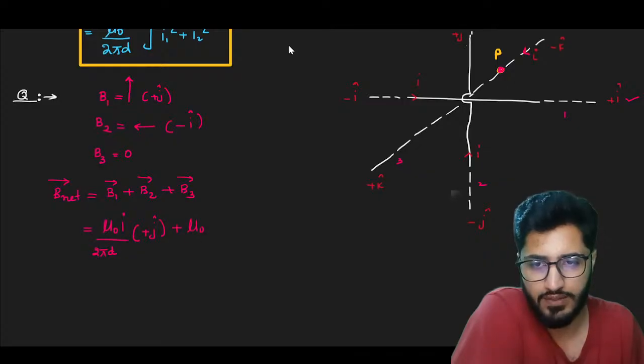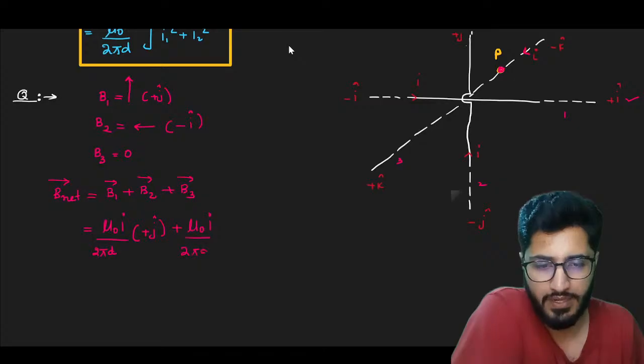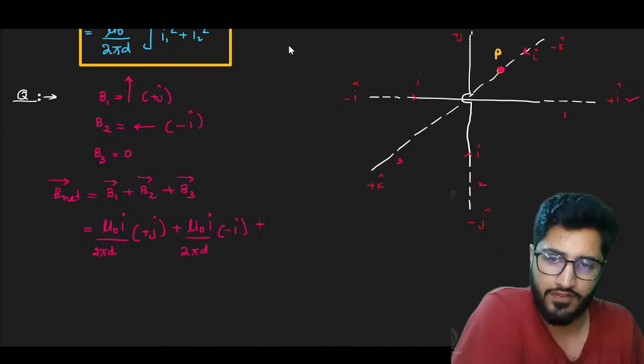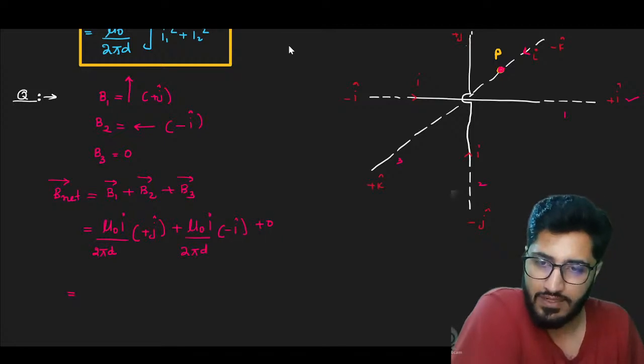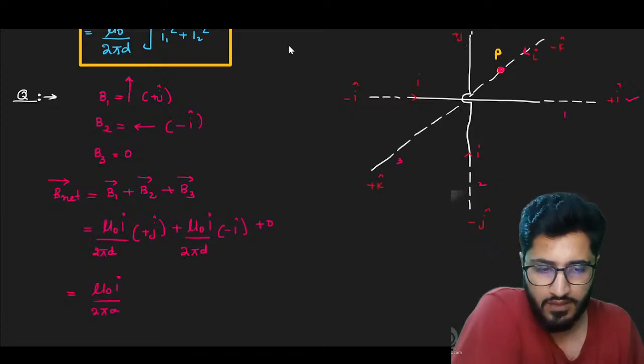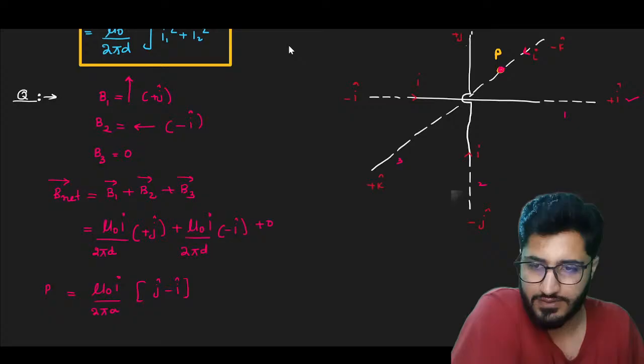The same mu naught I divided by 2 pi d, but this was in minus I cap. The third one is 0. So I will take mu naught I divided by 2 pi d common. Then what I have here is j cap minus I cap. This one is my answer.